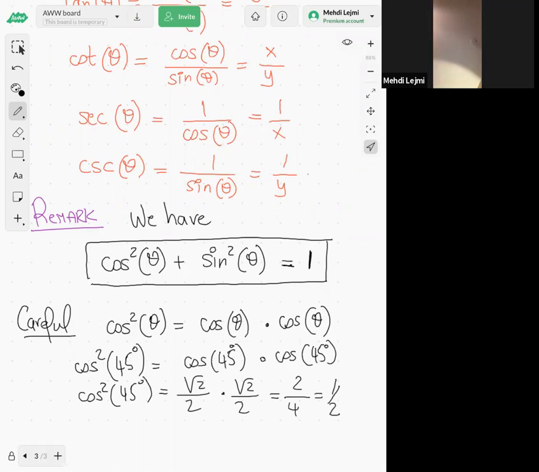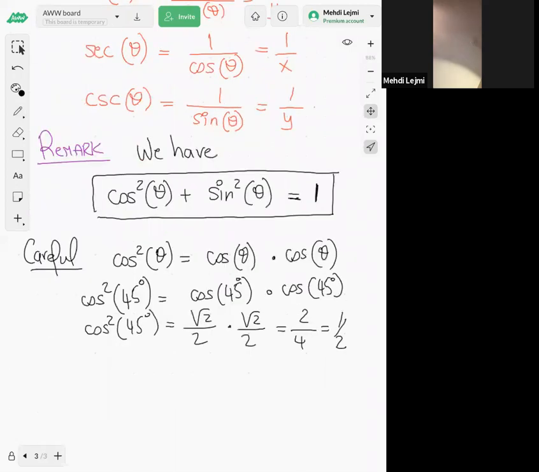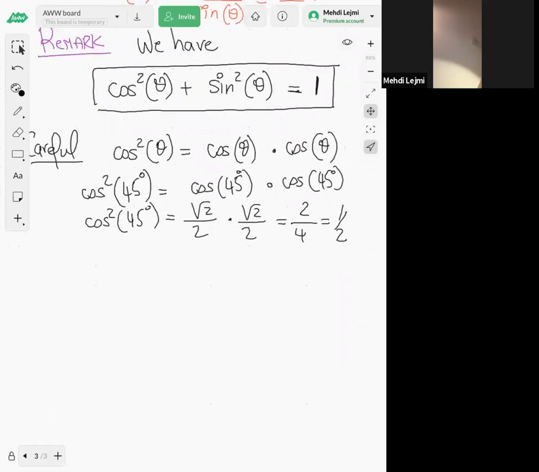Anyway, special angles. Let me give you the sine and cosine of some special angles between 0 and 90 degrees.